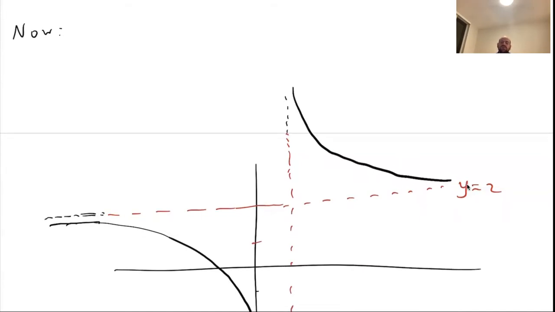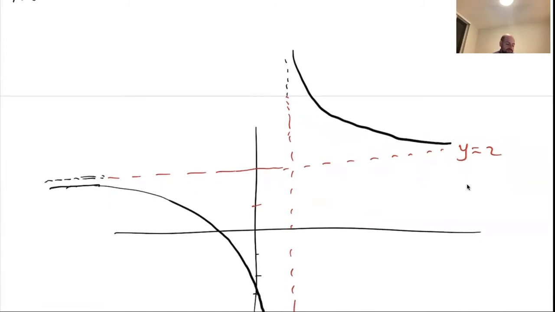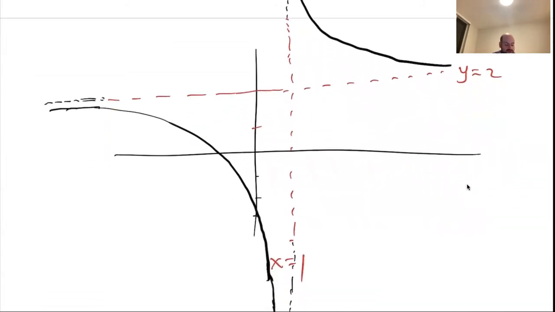Y equals 2 is a horizontal asymptote, whether x goes to plus infinity or x goes to minus infinity. Okay, that's it. This is the graph of this simple rational function. Among rational functions, this is considered a simple one because top and bottom both were linear functions.